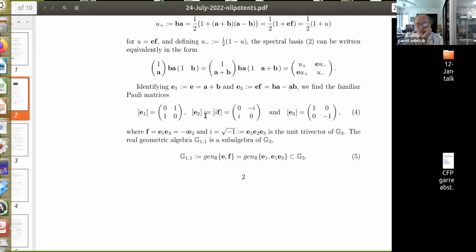No, you get E2. I times F is minus I, and that's the Pauli algebra matrix for I times F. But in terms of the geometric algebra G3, it's E1 times E3. So here in G11, it's a vector identified with a vector. And so it's a different geometric interpretation of a subalgebra of G3.